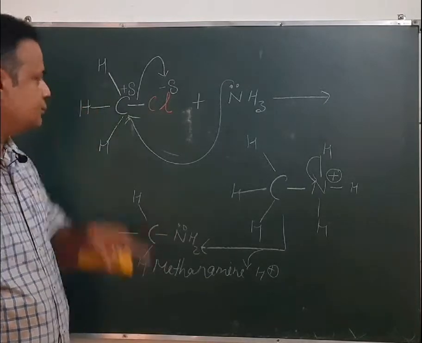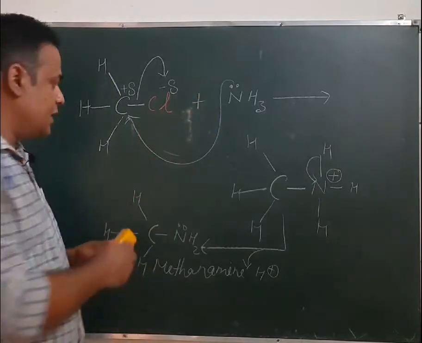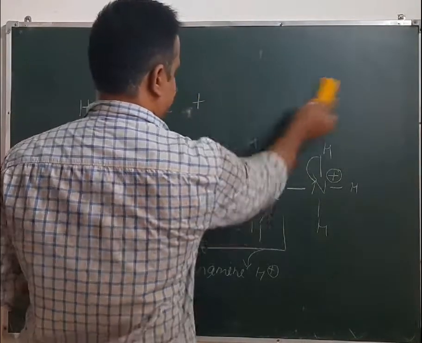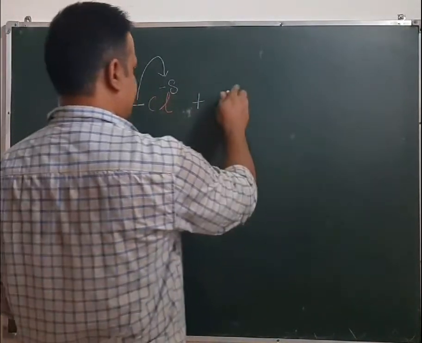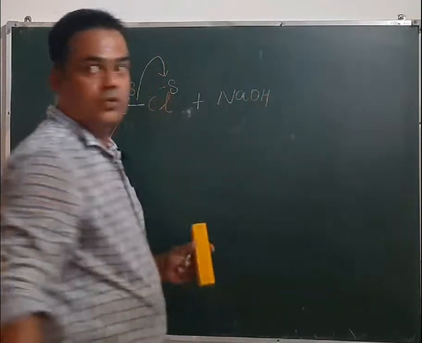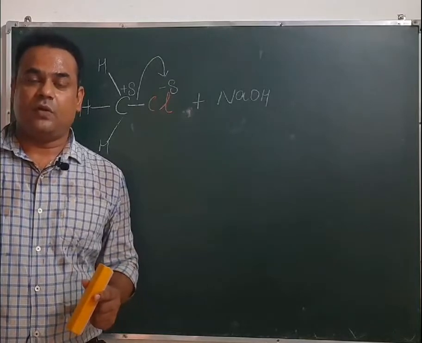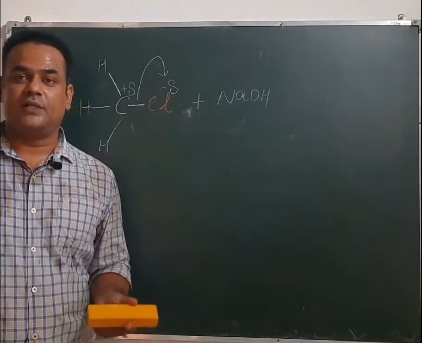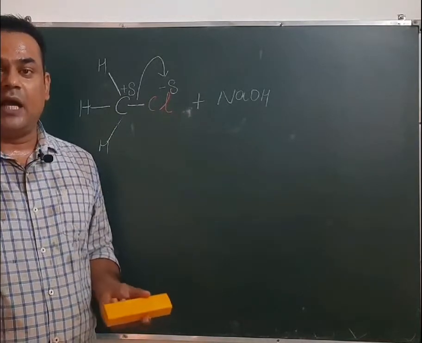Now we come to the next. Now we are replacing with another nucleophile. Another nucleophile is NaOH, sodium hydroxide. Sodium hydroxide we cannot use in the form of a pellet. We all know that in the laboratory sodium hydroxide is available in the form of small pellets, highly hygroscopic.